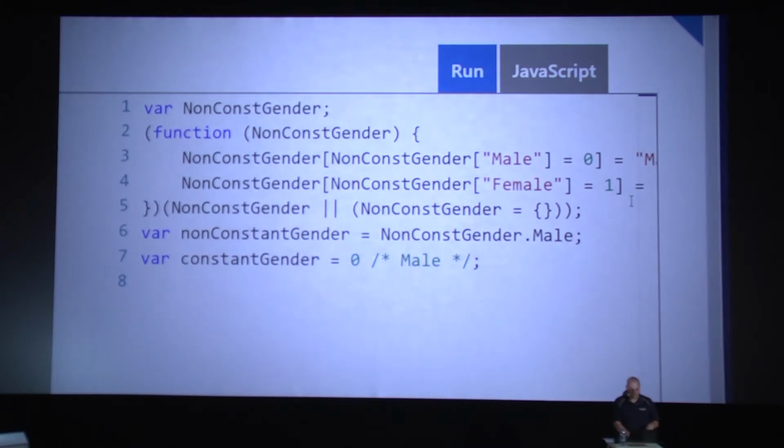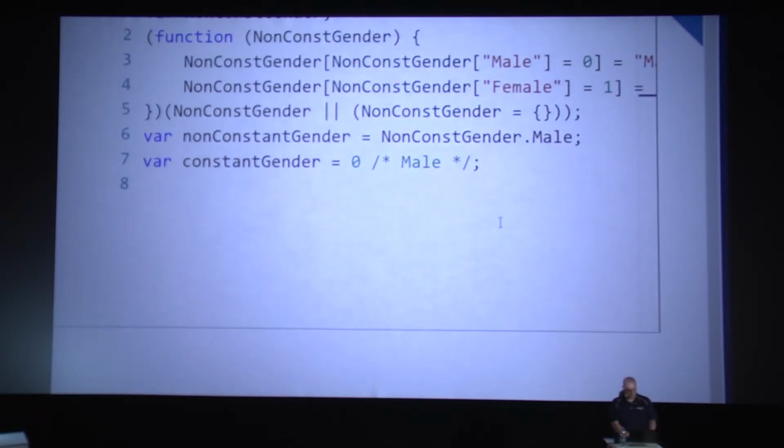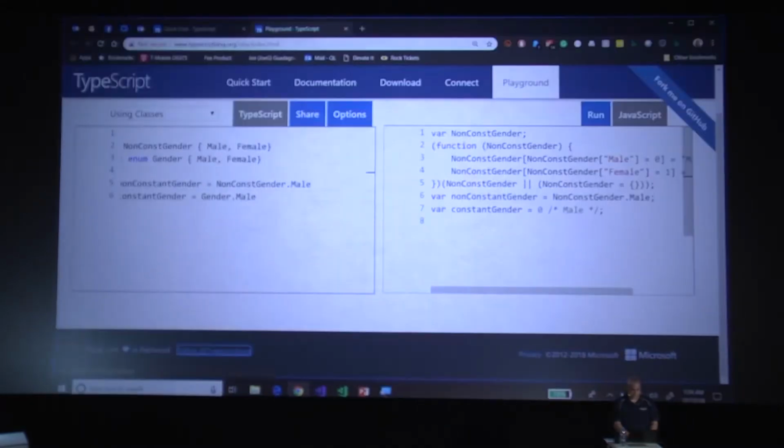So it created an array that has non-constant gender, male, which was the text that I typed in for the first enum, and female, and then returns a 1 or 0 based on it. For the constant gender, it only looked at the number for it. So that allows us to go and change it as we want. So like I said, this is the first one that has lots of differences between them.